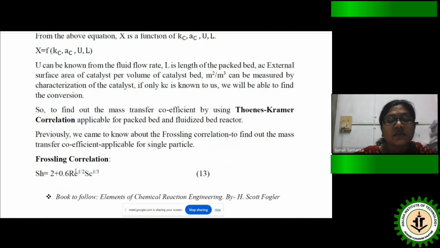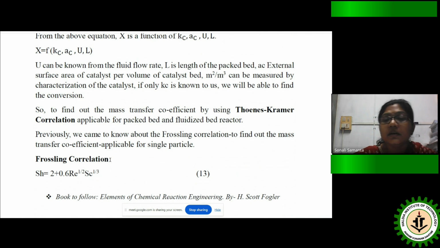Now, previously, we have learned about the Frossling correlation. As I told you, up to this point we have learned about a single particle. When the fluid is going over a single particle, what will be the concentration profile? How can the mass transfer coefficient be determined? The mass transfer coefficient can be determined by using the Frossling correlation.